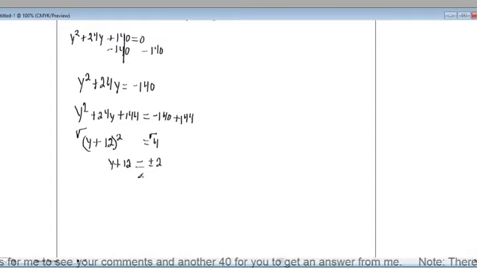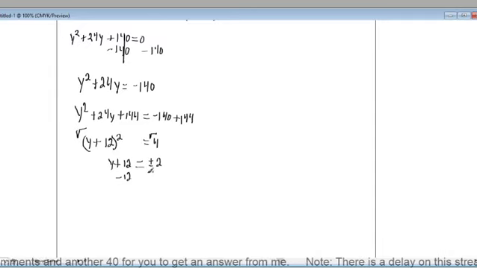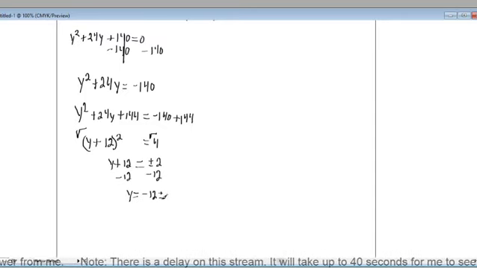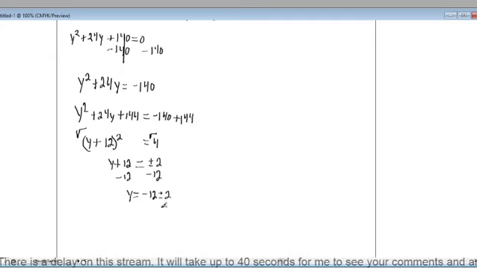All right. So now, to get y by itself, we subtract 12 from both sides. And we get that y equals negative 12 plus or minus 2. So now we actually need to do plus and minus separately.